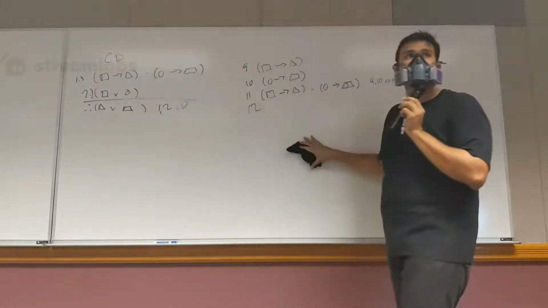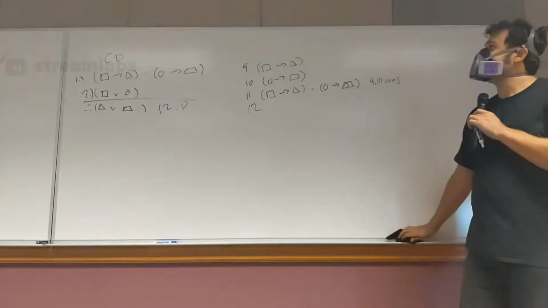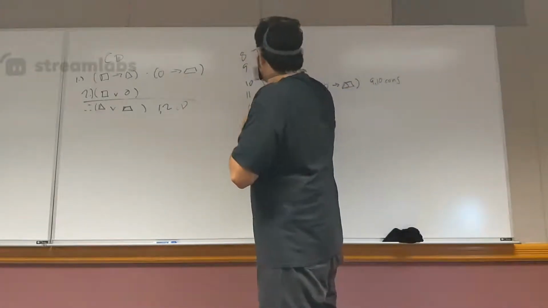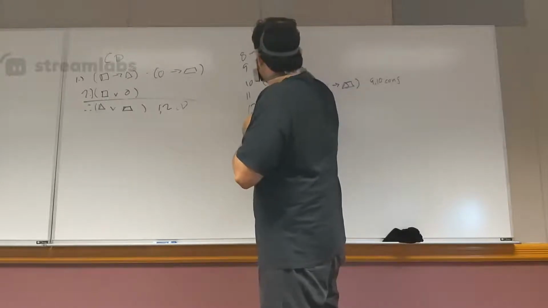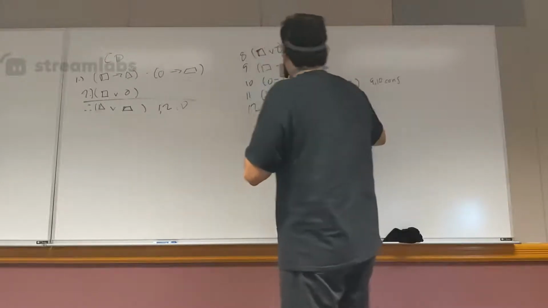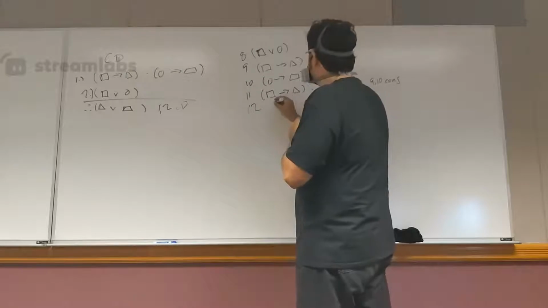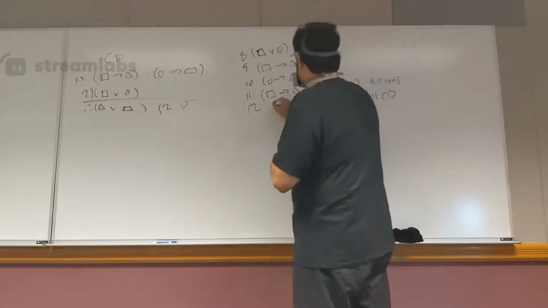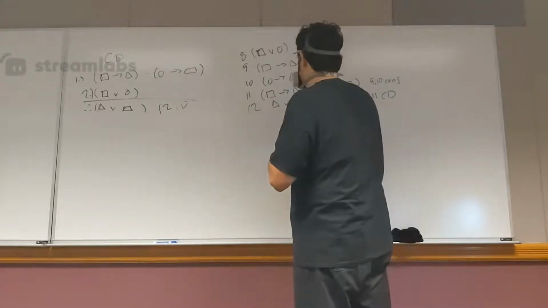Does that make sense? Please don't erase that. Here, I'll give you this on 8: square or circle. And then I would conclude from that 8, 11, CD, triangle or trapezoid.